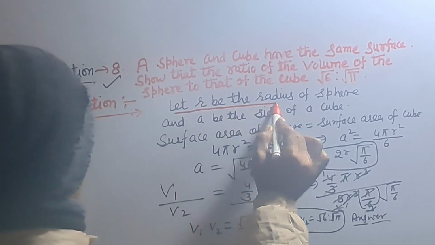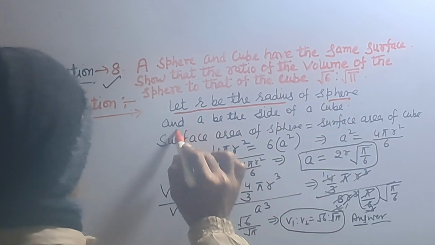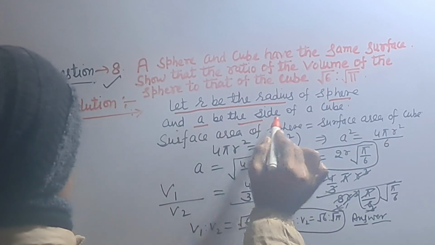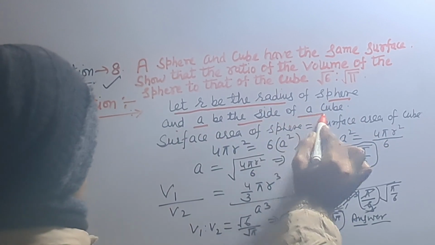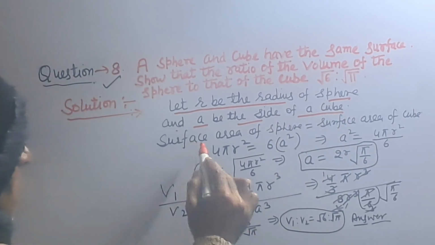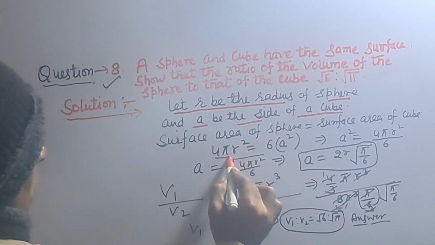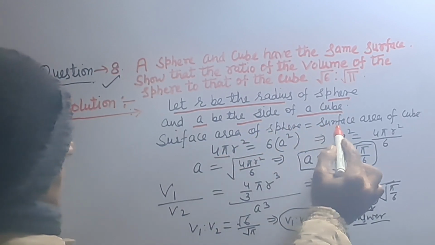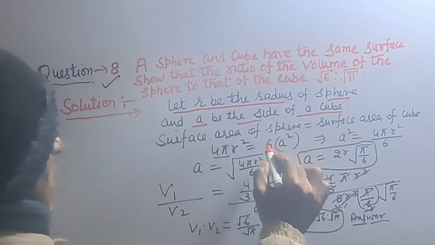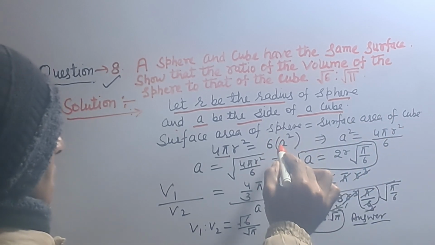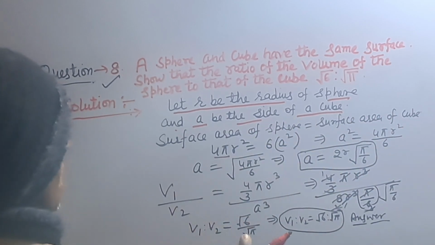Let R be the radius of a sphere and A be the side of a cube. Surface area of sphere equal to 4 pi r square and surface area of cube is 6 a square, 6 into side square.